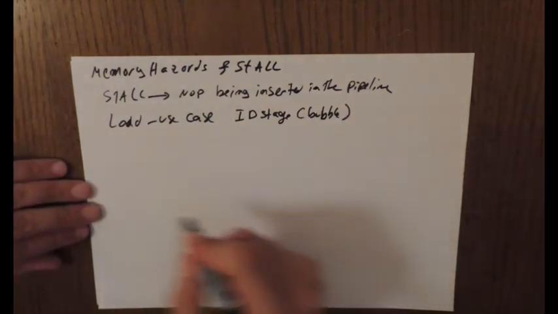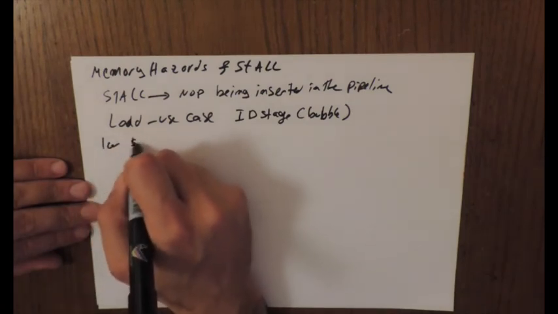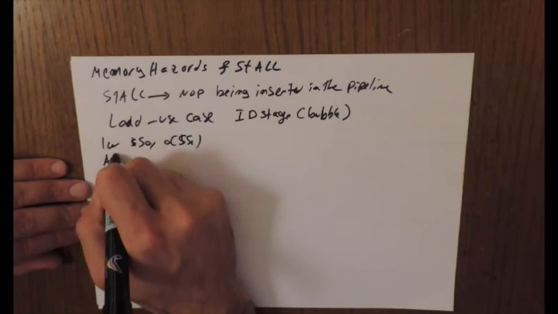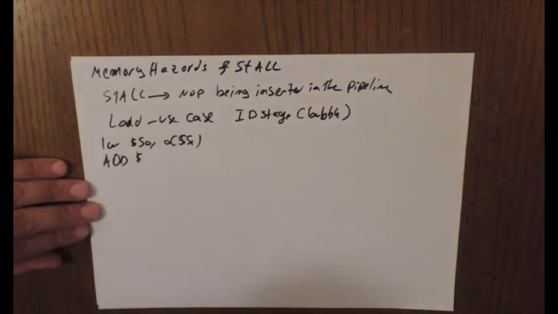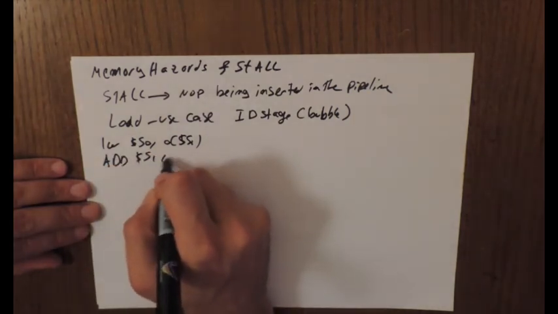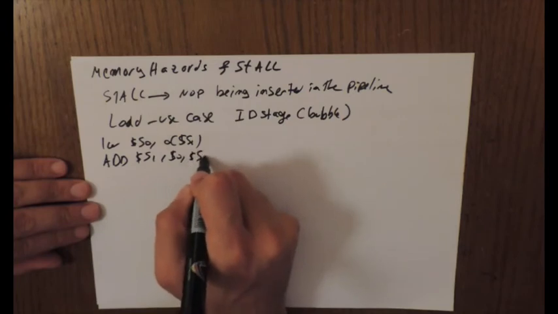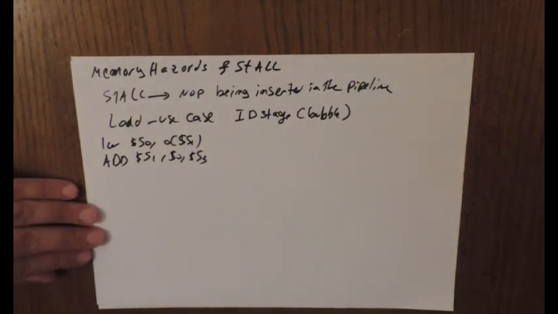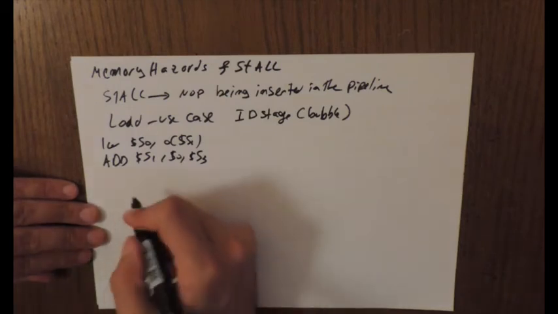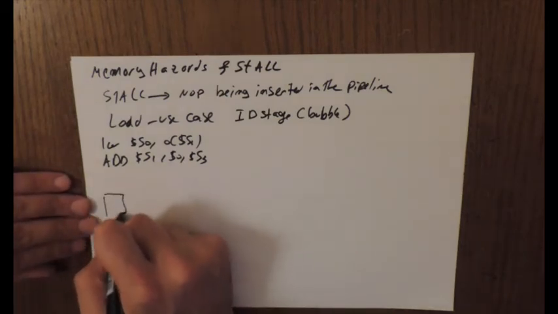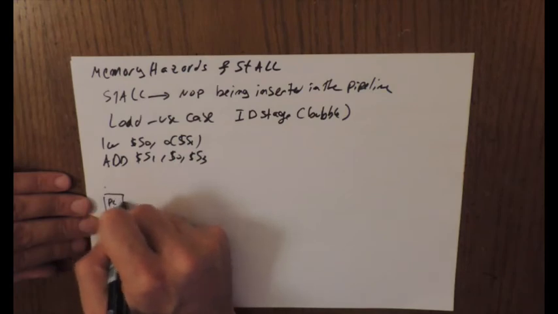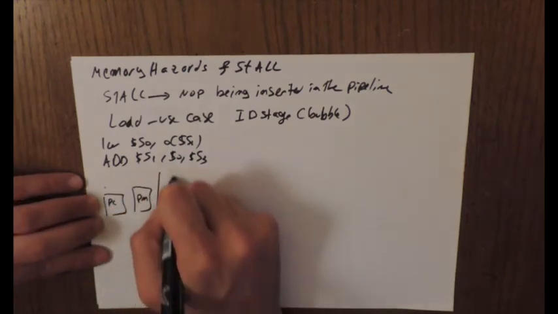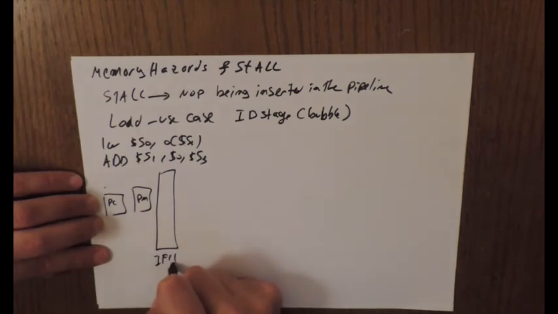So how is this done? We have LW $S0, $0, $S1, and then we have add $S1, $S0, $S3. So if I take a look at the pipeline architecture, of course I have the PC and the program memory. This is IF over ID.